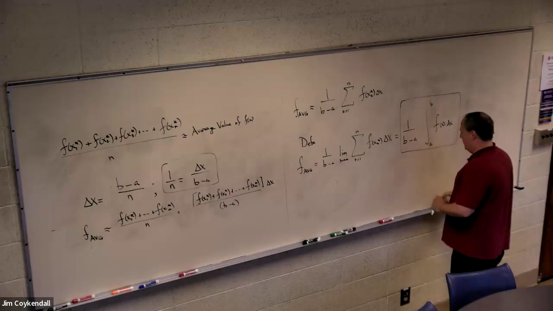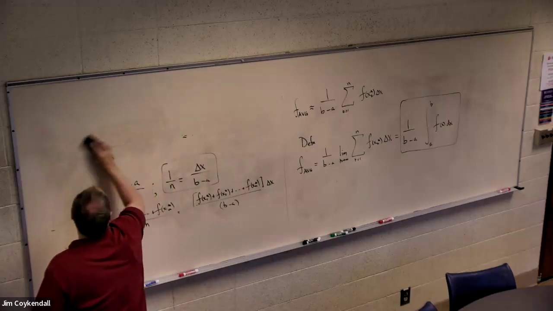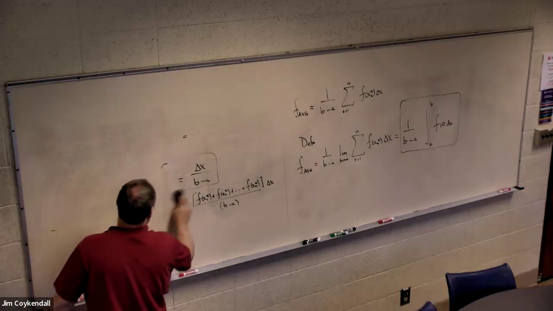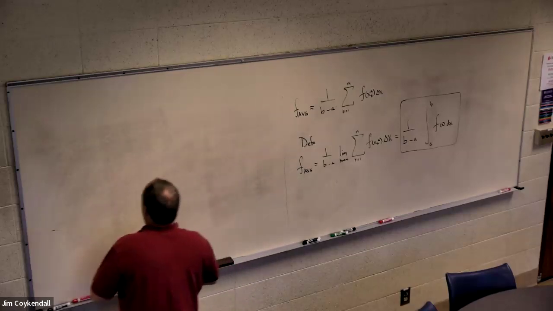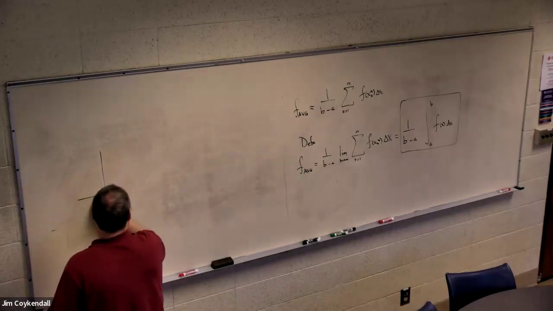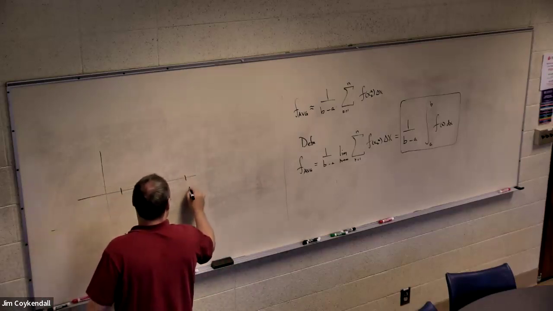Let me geometrically interpret this for you. At the end of the day, we went through the hardcore derivation, but let's see why this makes sense. Just let me draw you a picture that illustrates it.